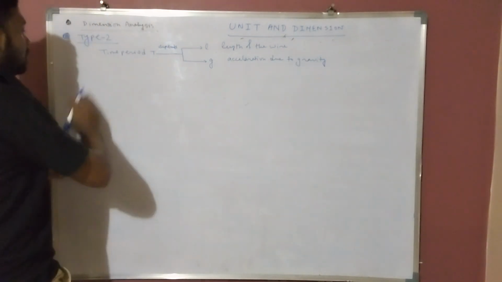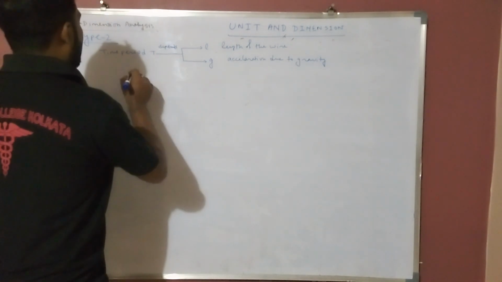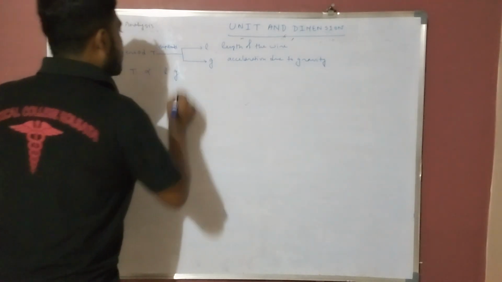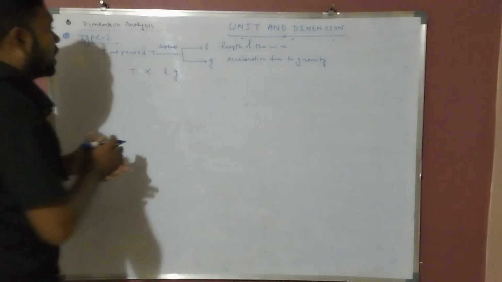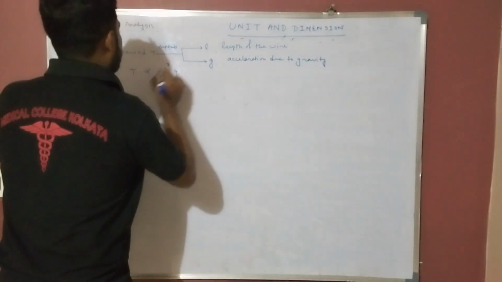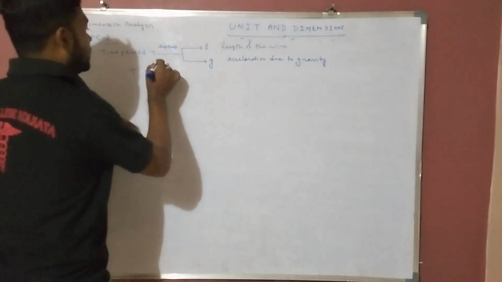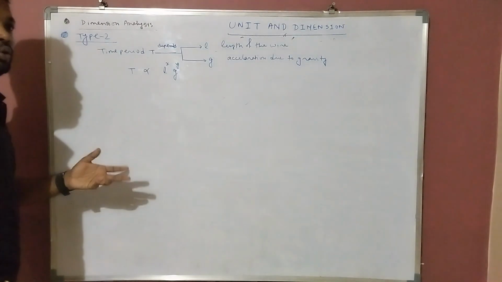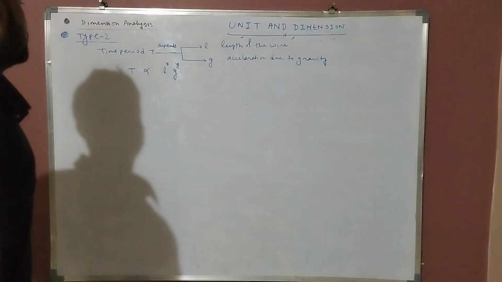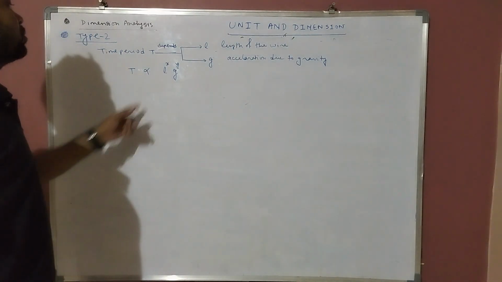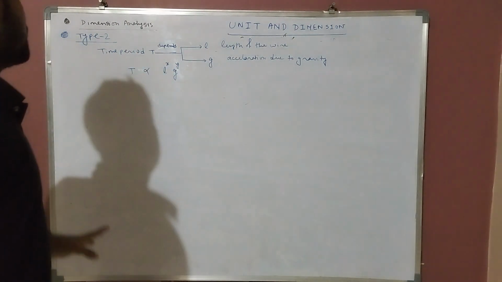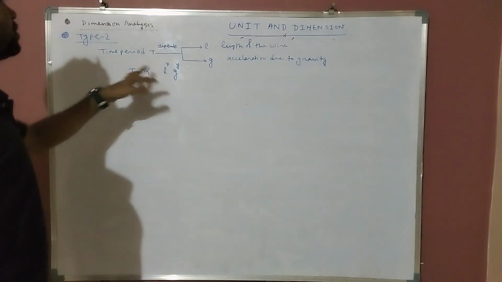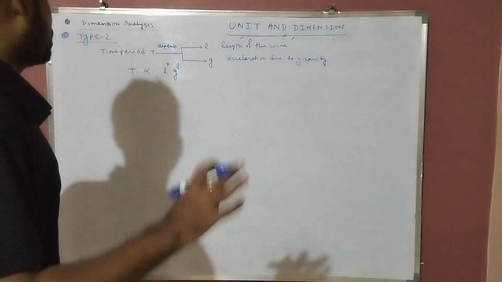So how will we solve this problem? We only know time period T depends on L and G, but how, we don't know. That's why we let T depend on L in this way and on G in this way, with powers X and Y. We don't know the values of X and Y. At first, we have to find out the values of X and Y. After knowing them, we can say how T depends on L and G. Understood or not?